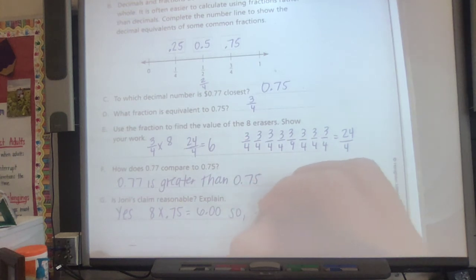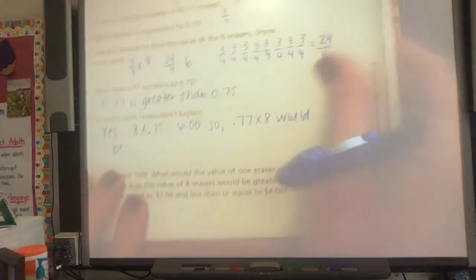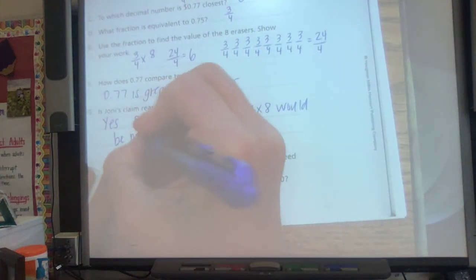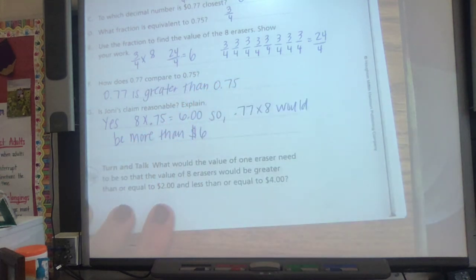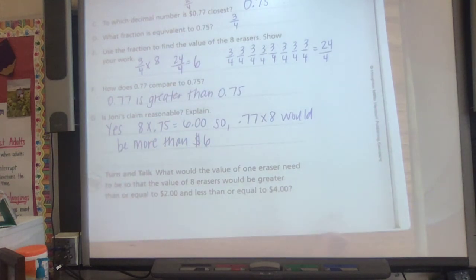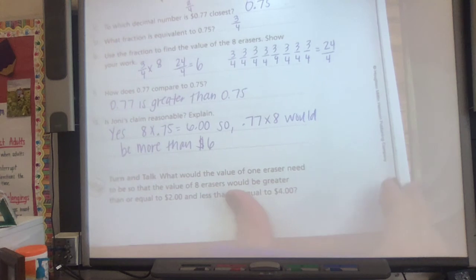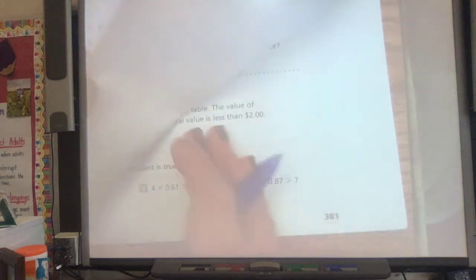So 77 hundredths times 8 would be more than $6. Okay? So that's what we're doing in this. You can always show your work, but we can also use some other strategies to help us think, is this reasonable? Okay?